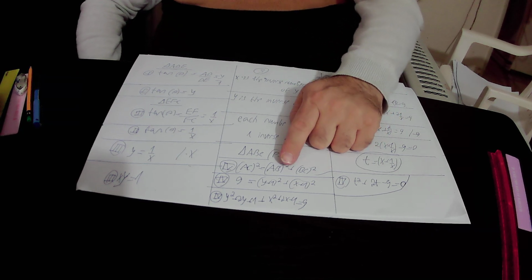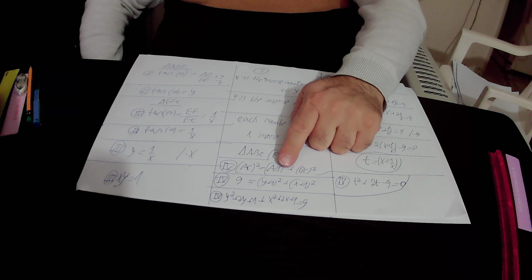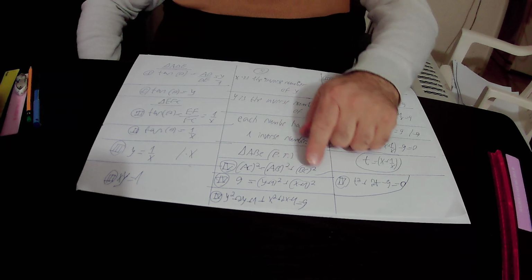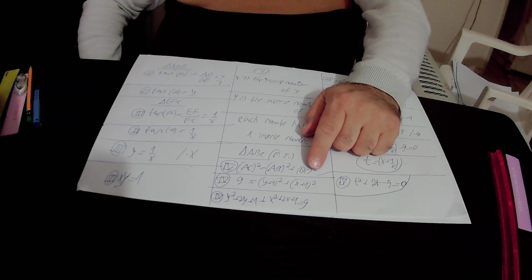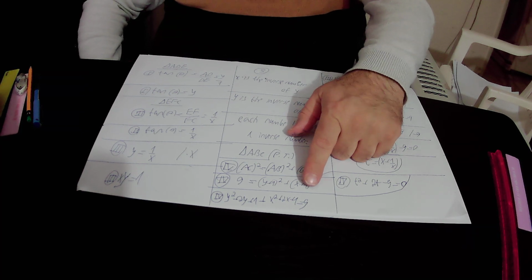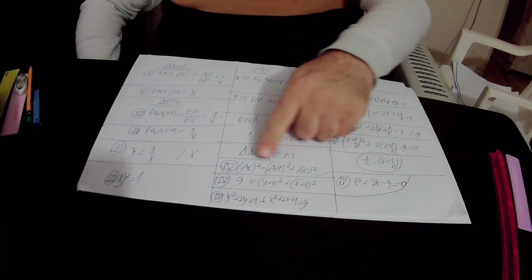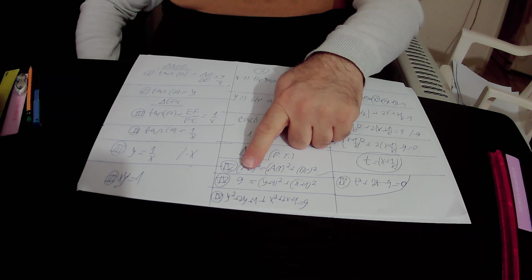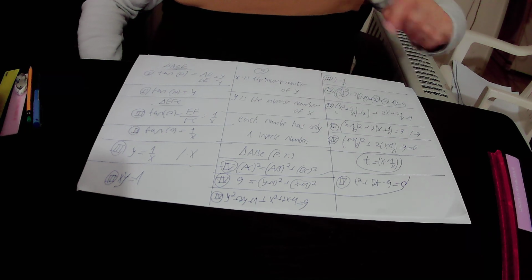Here we open the brackets on this side of equation number 4, and we got that (Y plus 1) square equals Y square plus 2Y plus 1, and (X plus 1) square equals X square plus 2X plus 1, and all equals 9. We have 9 on the other side of the equation.